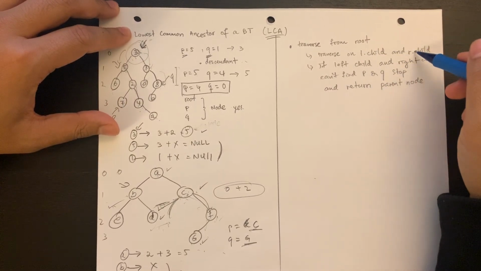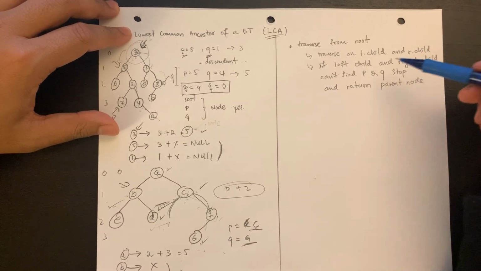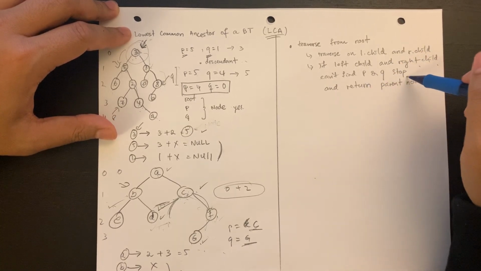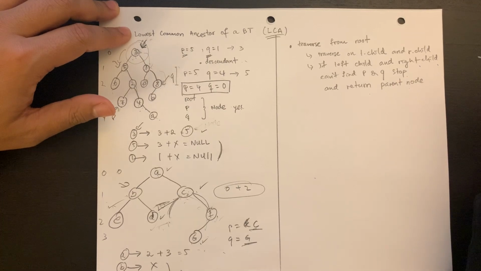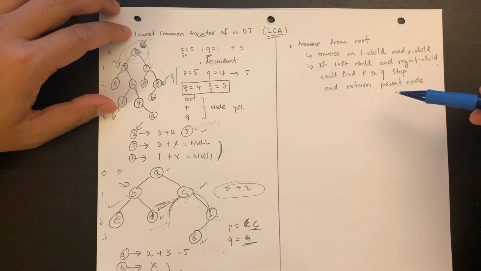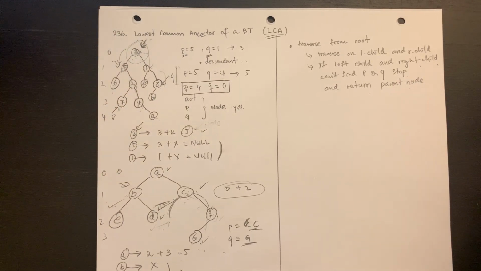Traverse on the left child and right child. If the left child and right child can't find P and Q, stop and return the parent node. So we assume that the parent node contains both P and Q.